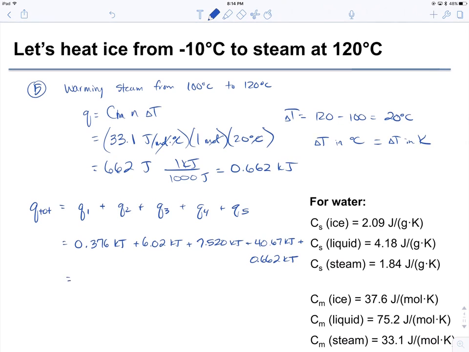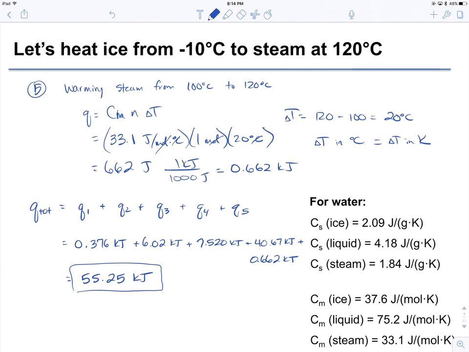So this all totals 55.25 kilojoules of energy are required to warm solid ice at negative 10 degrees Celsius initially to steam at 120 degrees Celsius.